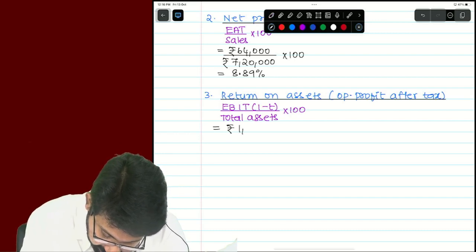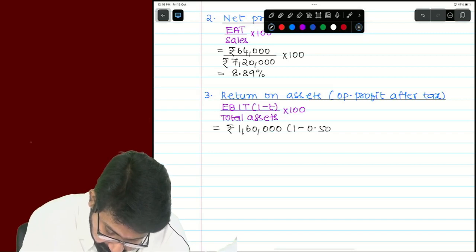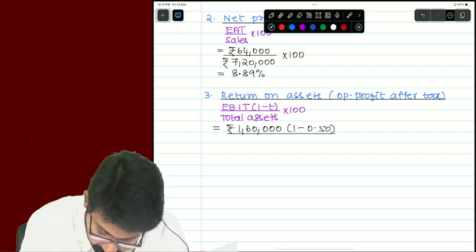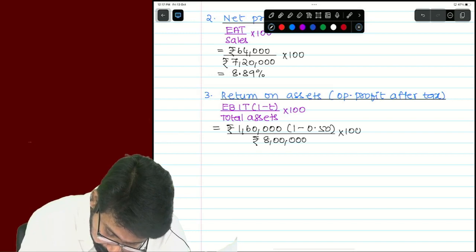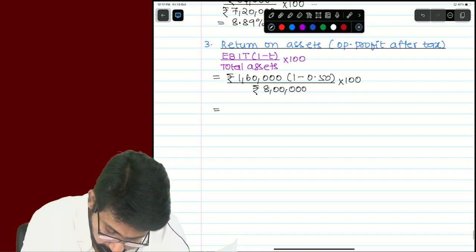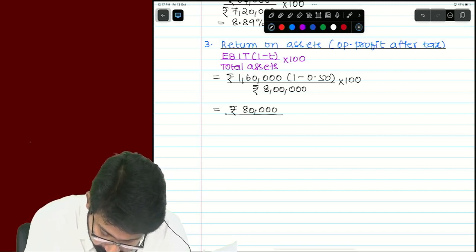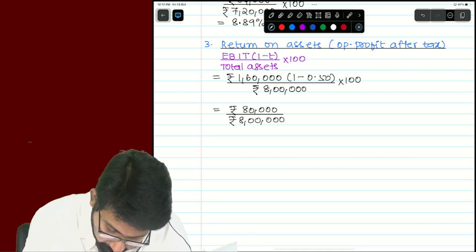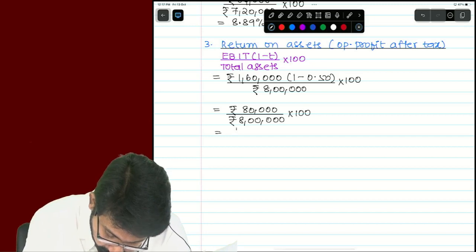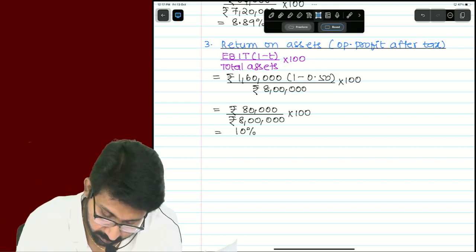What is EBIT? 1 lakh 60,000. Tax rate is how much? 50%. Whole divided by rupees 8,00,000. How much percent? 10%.